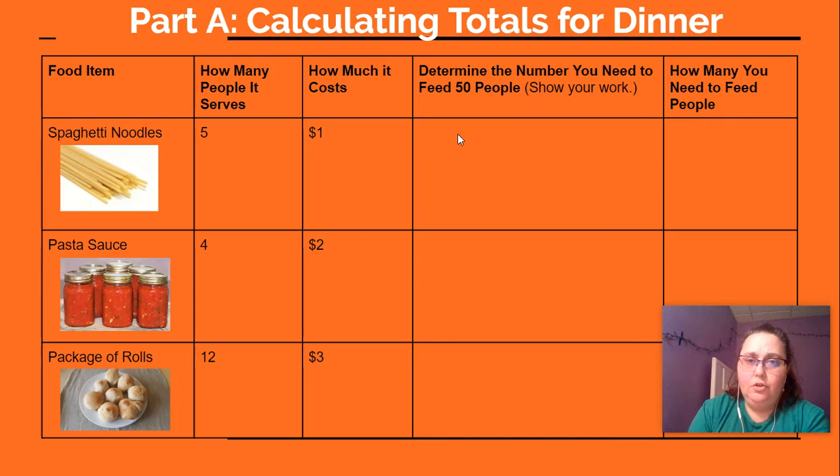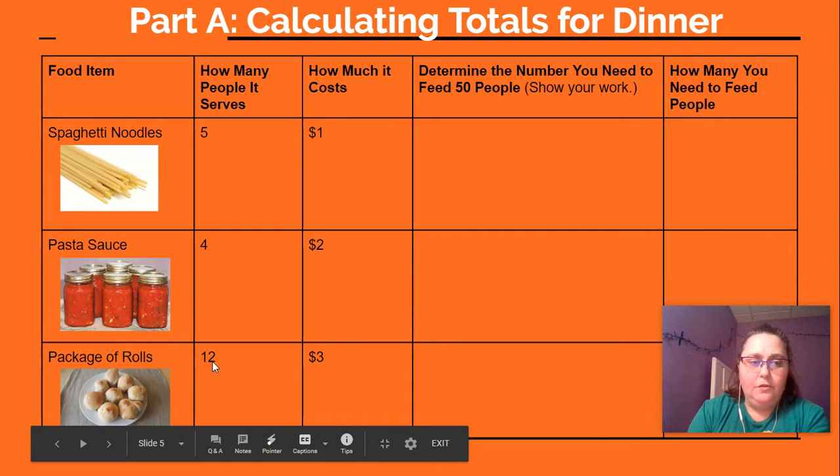You'll show your work here, and this will be your totals, where you would write the totals. I'll show you an example in a minute. As you can see, the spaghetti noodles serve 5 and cost $1. The pasta sauce serves 4 and costs $2. And the package of rolls serves 12 and costs $3.